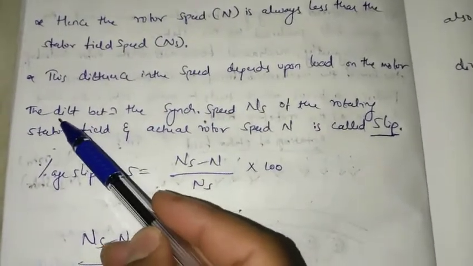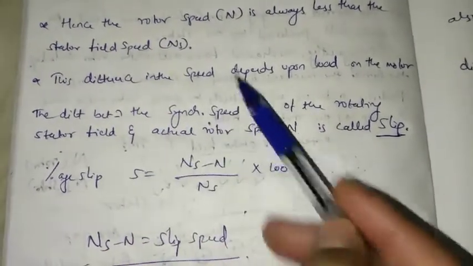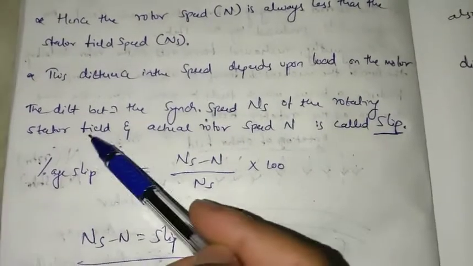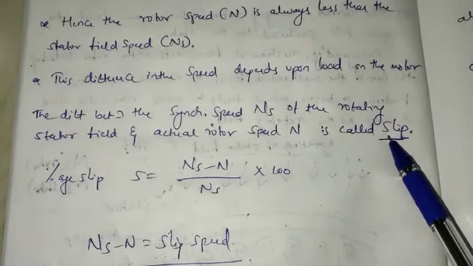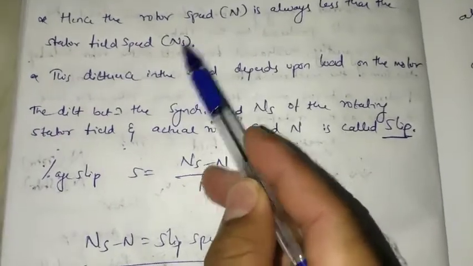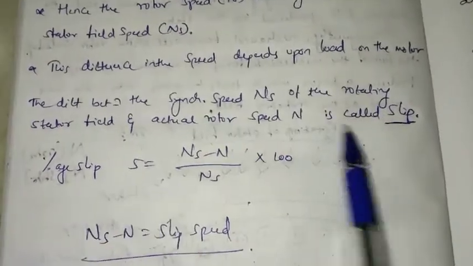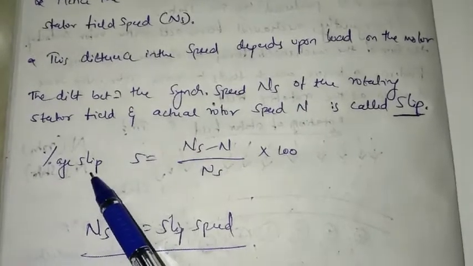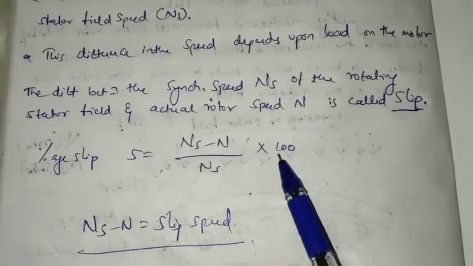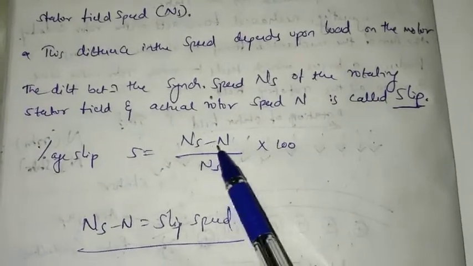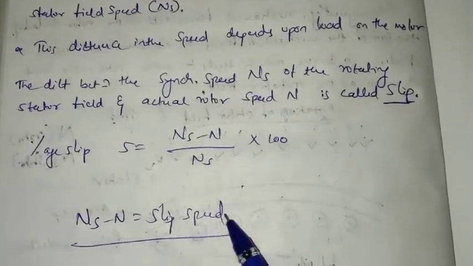Based on that, the difference between N and Ns depends. Now the difference between the synchronous speed Ns and the actual speed N is called the slip of the induction motor. Usually the slip is measured in percentage. The percentage of slip is equal to (Ns minus N) by Ns into 100. The numerator Ns minus N is also called the slip speed.